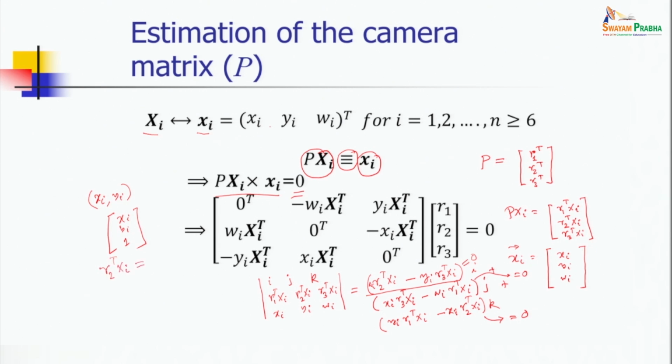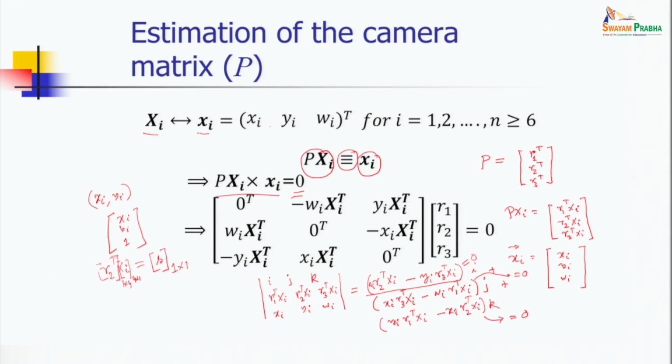Now, you know that R2 transpose is a 1 cross 4 row vector and xi is a 4 cross 1 column vector. So, it will give me a scalar value, say S, which is of dimension 1 cross 1.